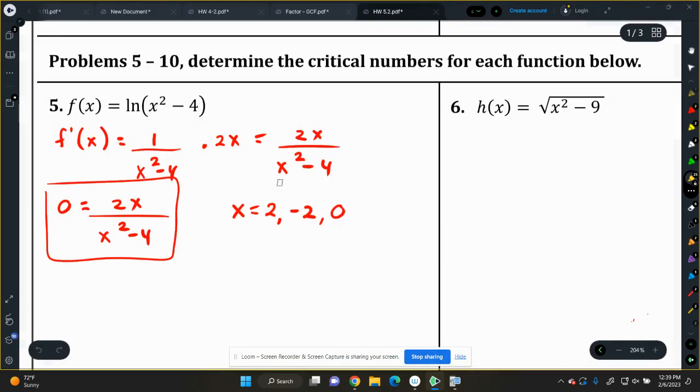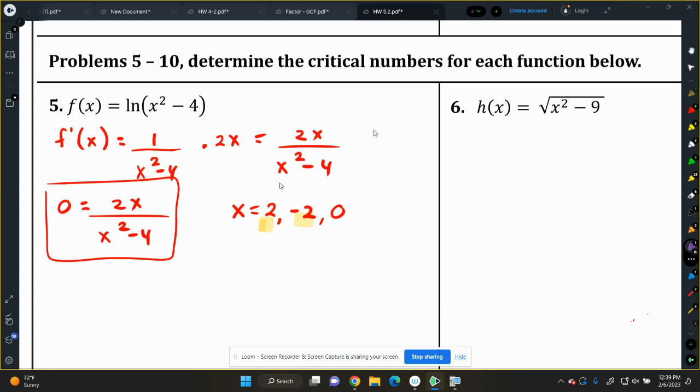Let's go back, right? We've identified points where f prime of x is equal to 0, and where f prime of x does not exist, mainly at 2 and negative 2. However, if we go back to the original function, what's the domain of my f of x?